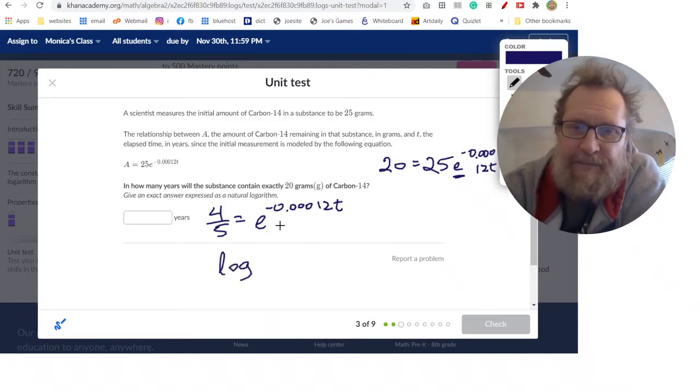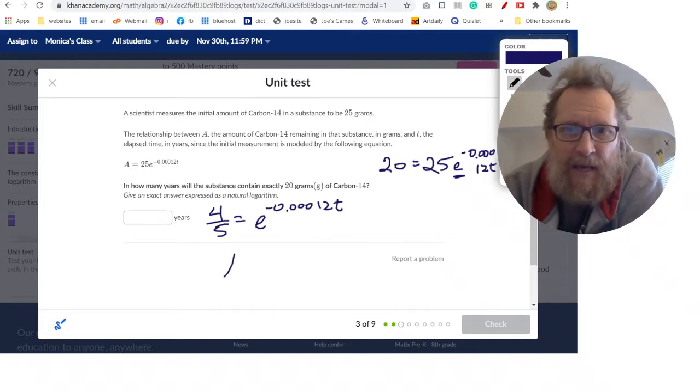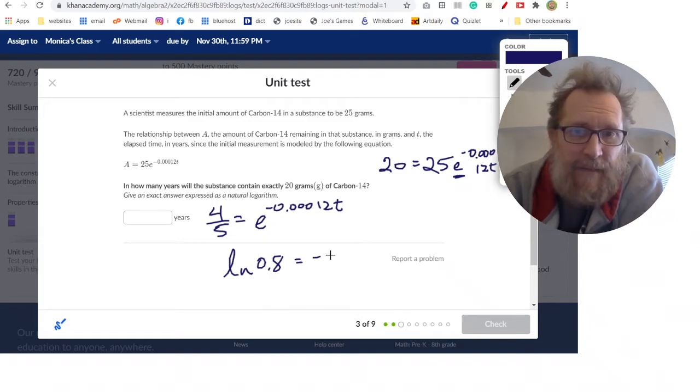Natural log, because our base is e. Natural log of 4/5, 0.8, let's call it. Natural log 0.8 equals negative 0.00012t.